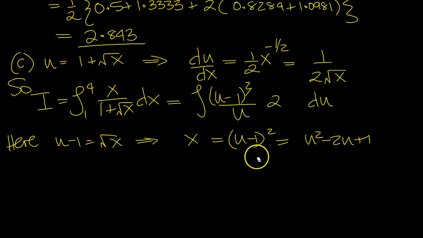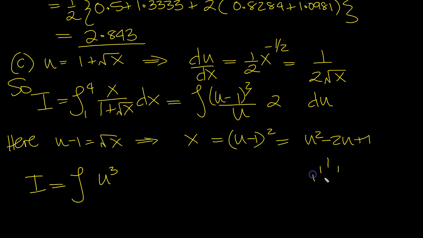So there's our integral then. We times this by another u minus 1, so it will be u minus 1 cubed.